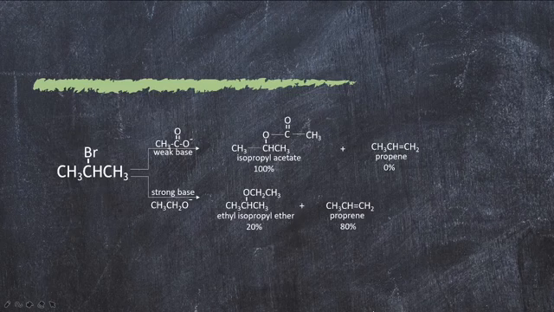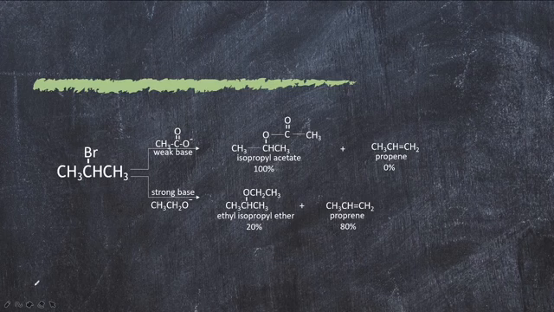Now, from this example, we can see a bromopropane, 2-bromopropane to be precise. Like I said earlier, 2-bromopropane could undergo either SN2 or E2, depending on the nucleophile used. The first nucleophile is a weak Lewis base, and the weak Lewis base used is the acetate ion.